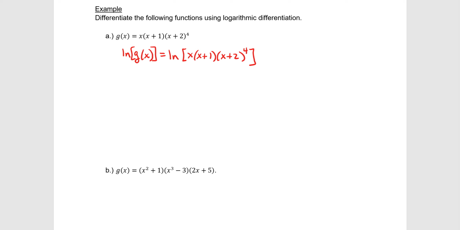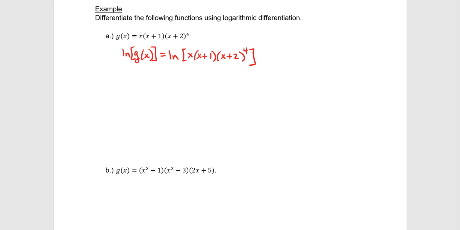Now we're going to take the derivative. The derivative of ln of g of x, that is just the definition that we did in the previous section. That's going to be g prime of x divided by g of x. Super generic, and for these types of questions, that will always be the case. And now, oh, actually, just kidding.